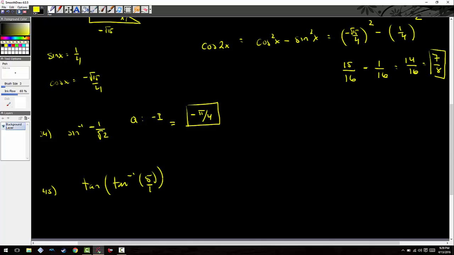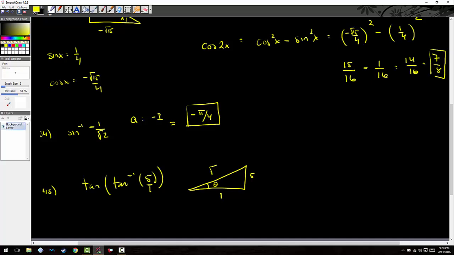But because tan inverse of 5 isn't readily known on the unit circle, what we have to do instead is draw a triangle of this thing, with this being my theta, or my x. Tangent is opposite over adjacent. And so I'm going to add these together after squaring them and make that my hypotenuse.